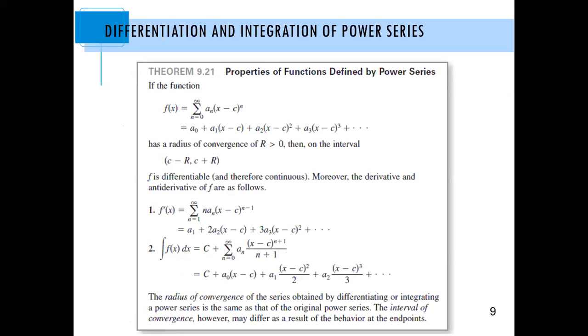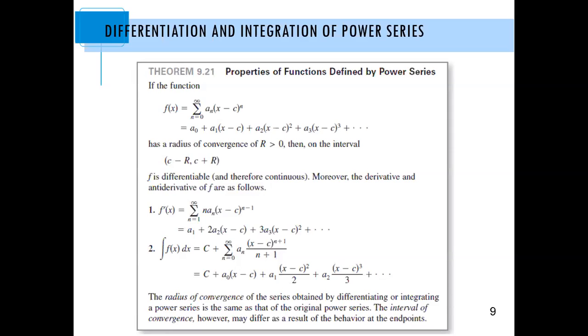The whole point is, it's really fun to work with polynomials as opposed to some other obnoxious functions, right? So we would rather turn functions into power series if we can. Why? Because we want to be able to take derivatives, and integrate easily.